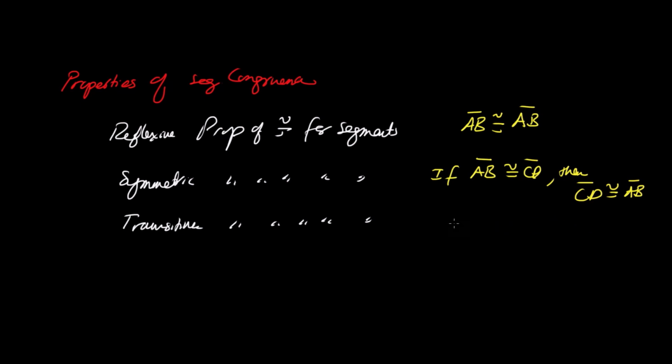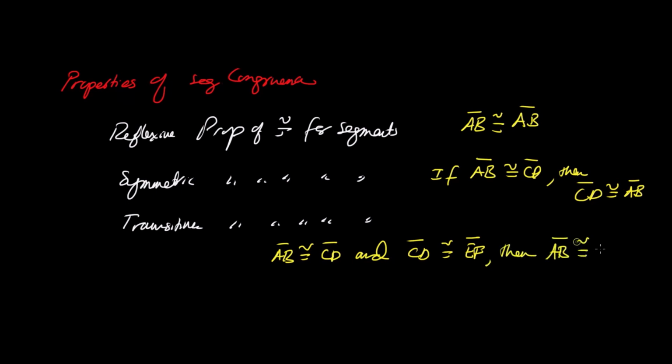The transitive property of congruence for segments states that if AB is congruent to a different segment CD, and CD is congruent to a different segment, let's say EF, then AB is congruent to EF, like this.